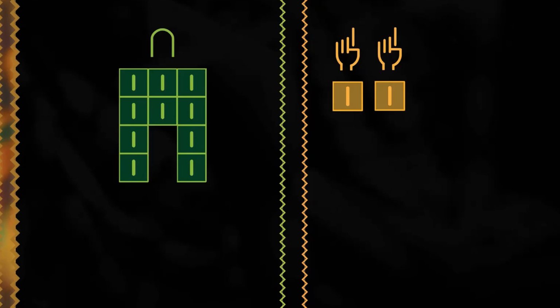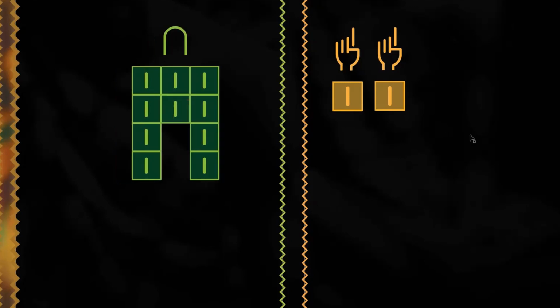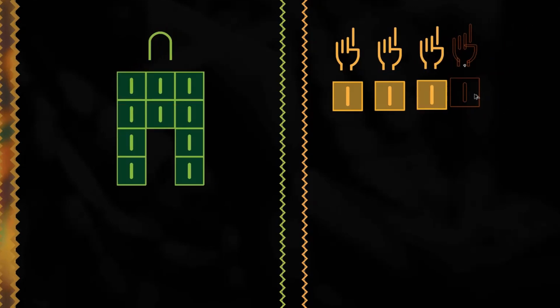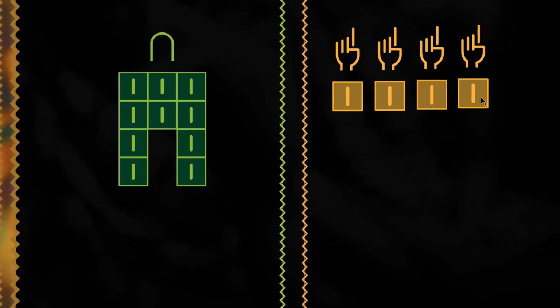Instead of saying 13, you would say 10, 3, 10, 4, 10, clearing away fractions of 5 and carrying a 5.